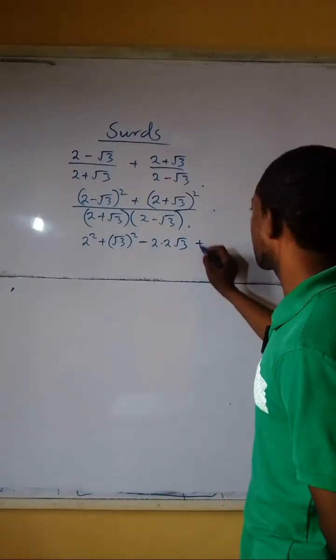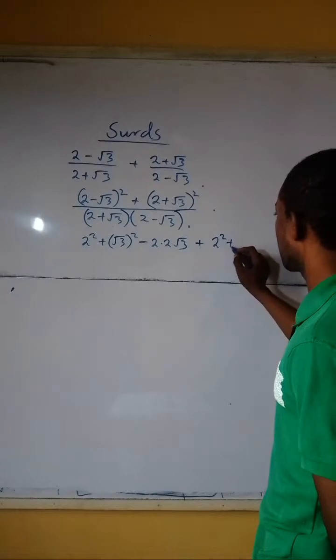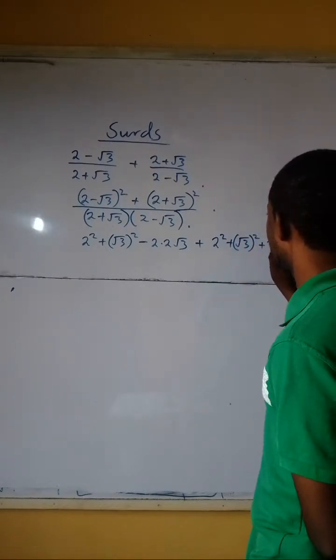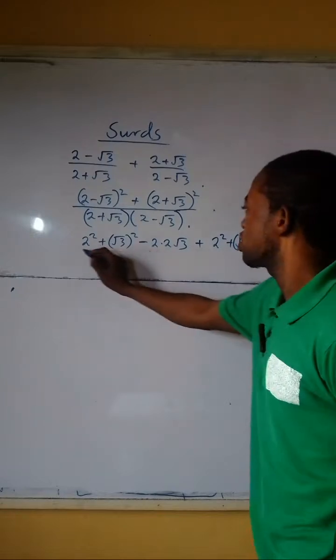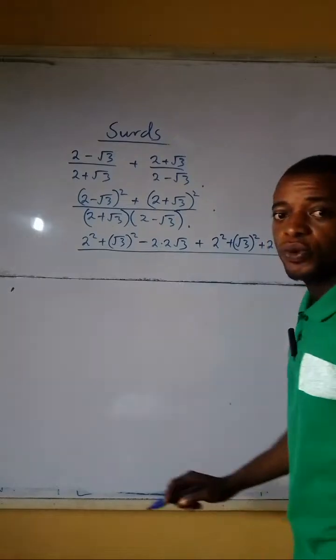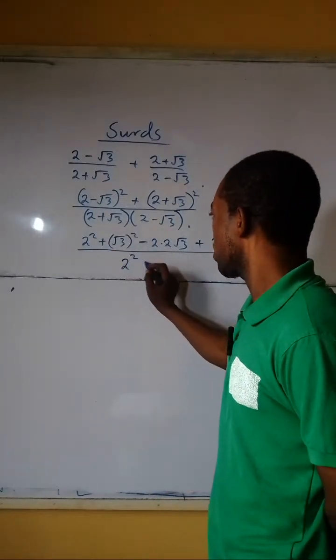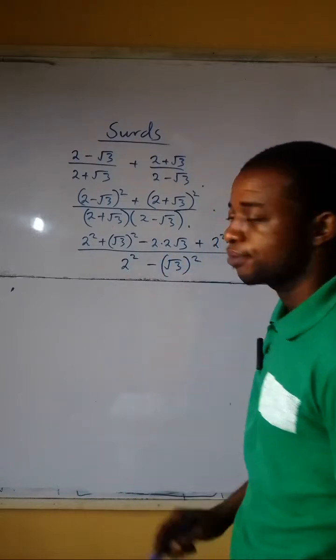Then also plus the expansion here becomes 2 squared plus root 3 squared plus 2 times 2 times root 3, which is divided by the denominator, 2 squared minus root 3 squared.